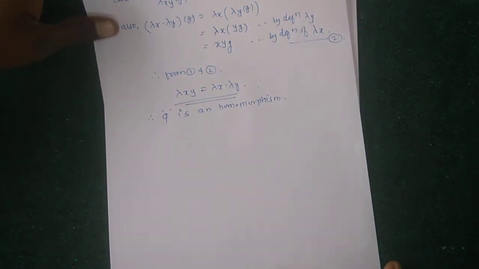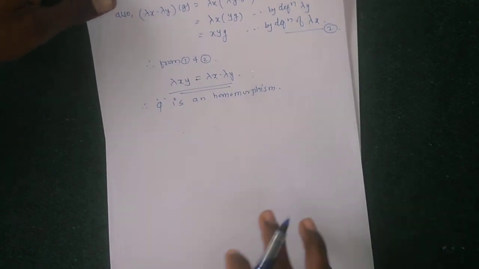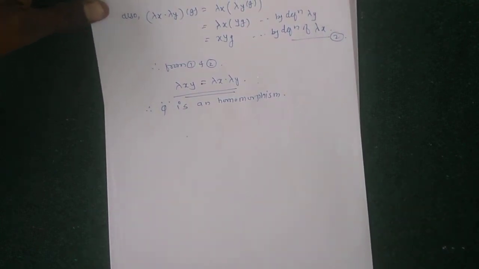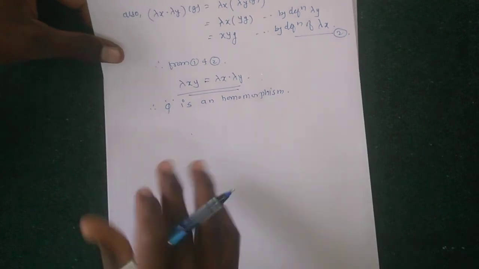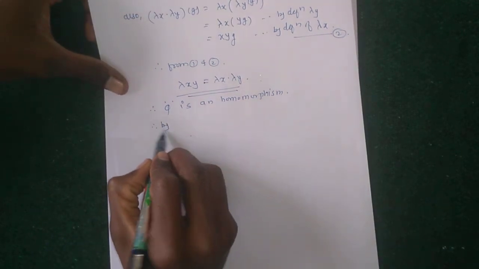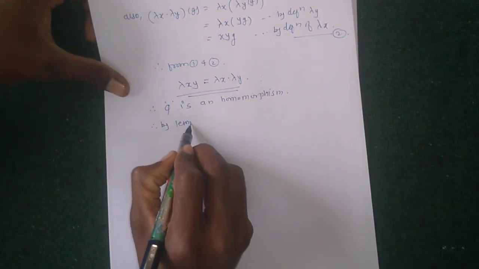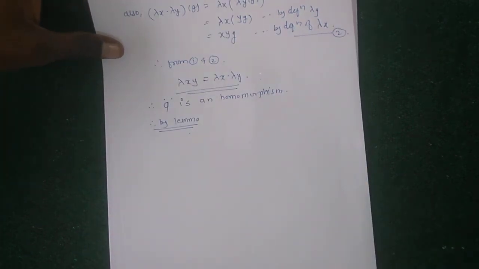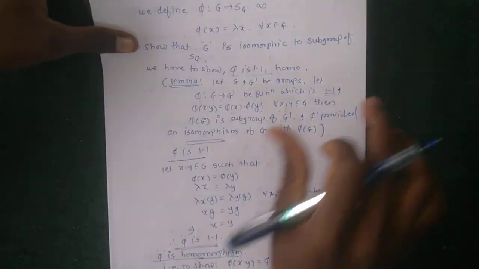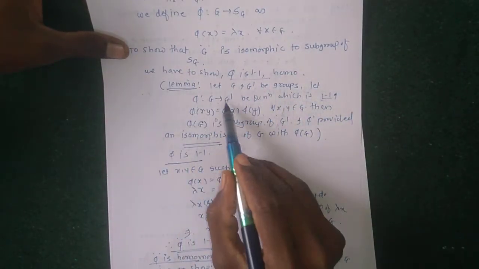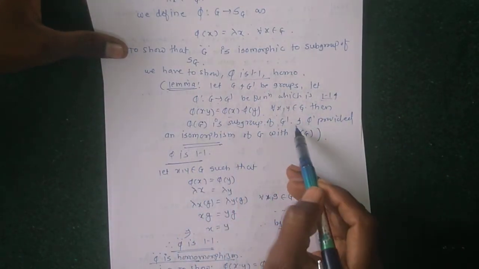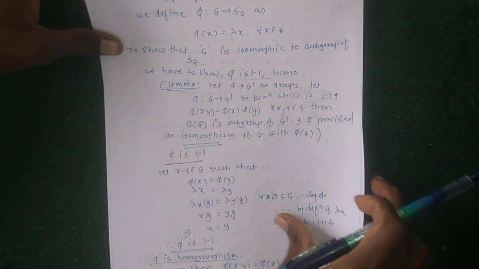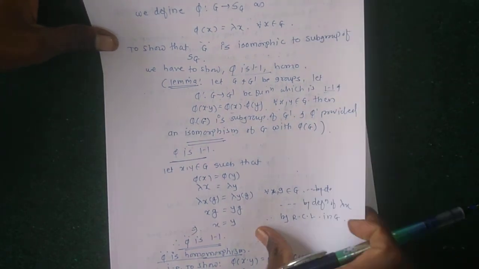Therefore by the above lemma, here the lemma says that, by the lemma, what lemma? The lemma is written above. Using this lemma, G and G dash are groups, phi is 1-1 and homomorphism, then phi of G is a subgroup of G dash.